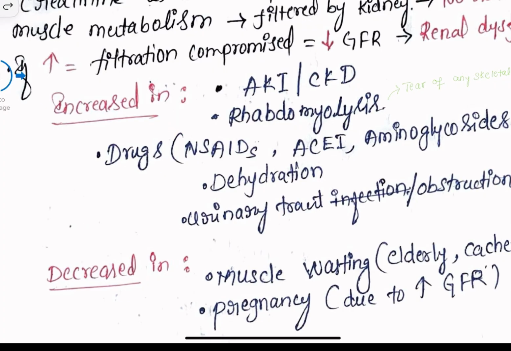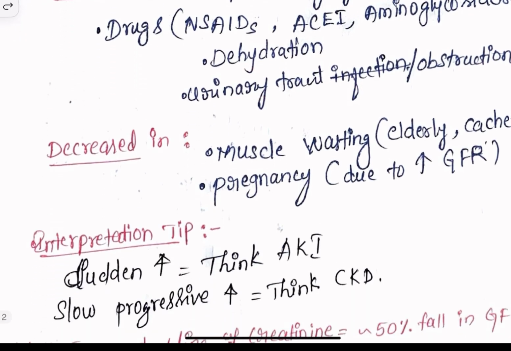When it enters the filtration level in the kidney, it is definitely a heavy load for the kidney. That's why it increases the serum creatinine level. The intake of drugs like NSAIDs, ACE inhibitors, aminoglycosides, and dehydration can also increase serum creatinine. Urinary tract obstruction can also cause it.